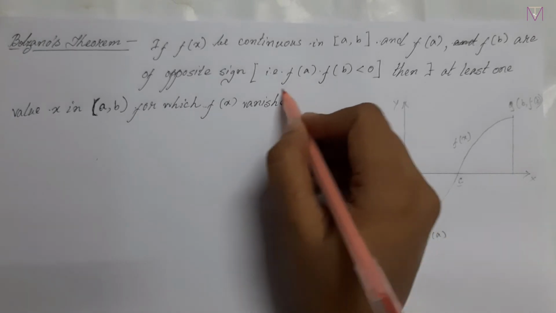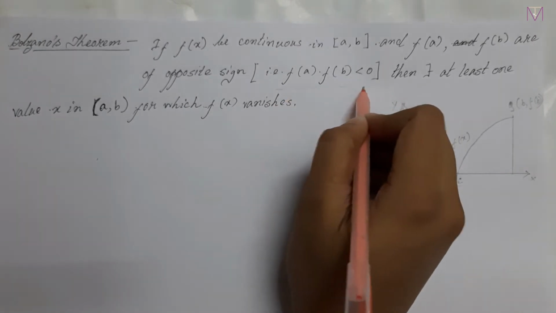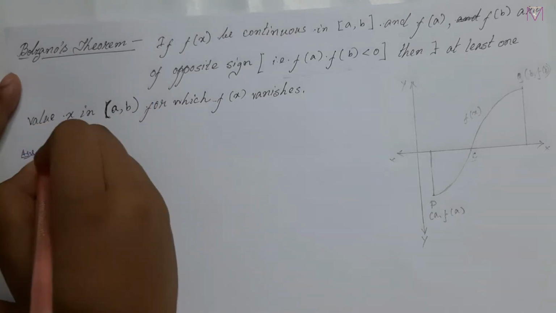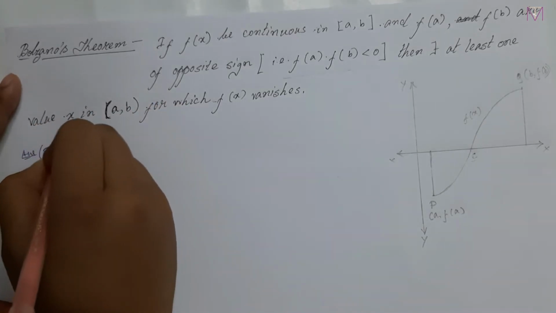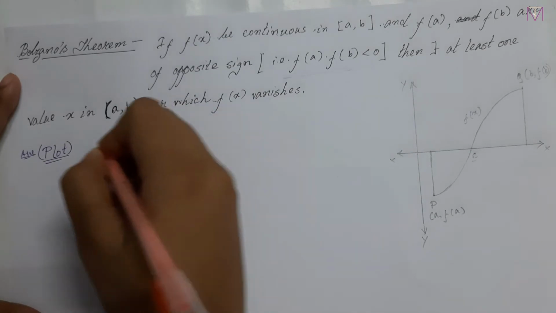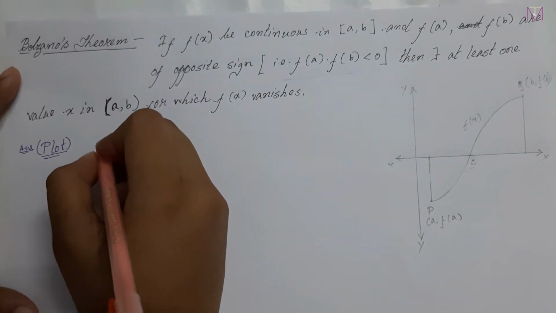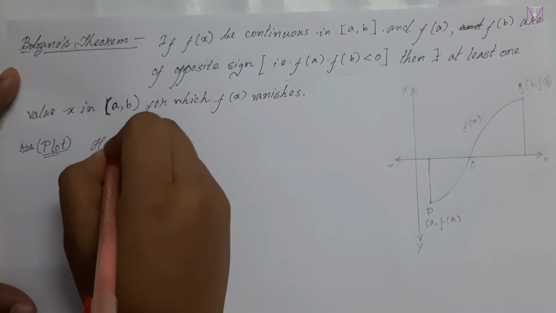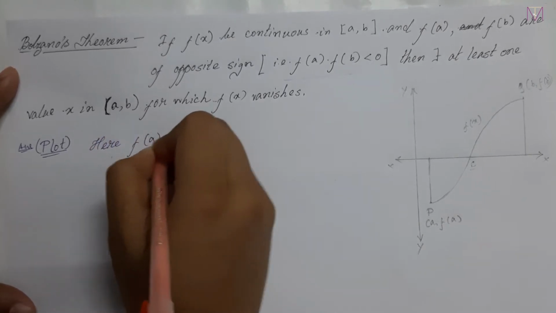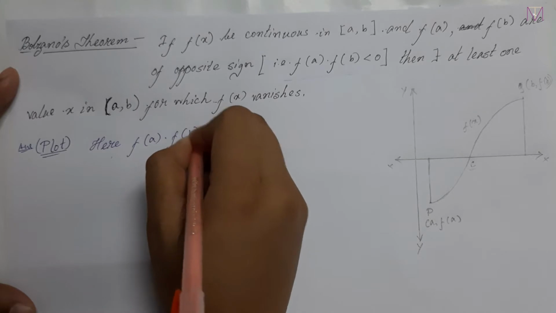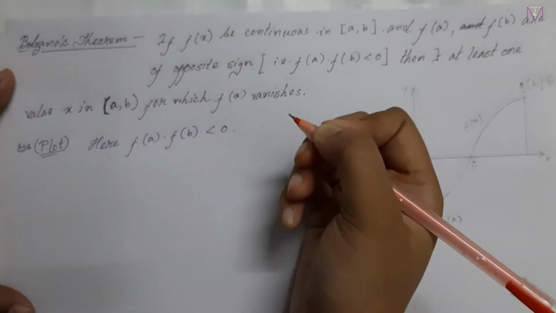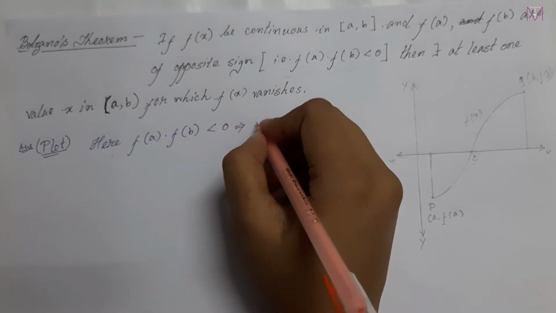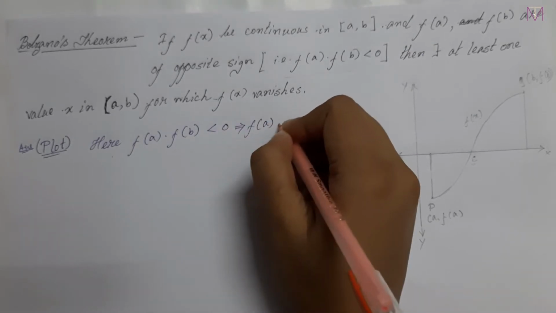So here it is given that f(a) f(b) less than 0. First take it. This is the plot. Here f(a) into f(b) less than 0. This implies that f(a) and f(b) are of opposite sign.